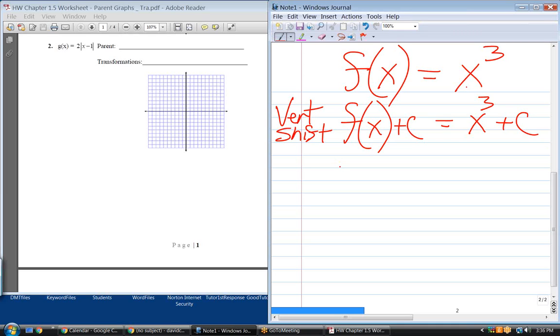Okay. If I have the following, and if I lose you here, please say something, because this is a little tricky. That is a horizontal shift. And what would that look like? In other words, what does it mean when I say f of x minus c, if f of x equals, what is f of x minus c equal?